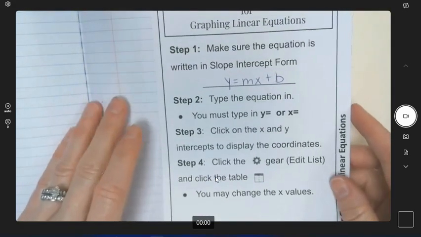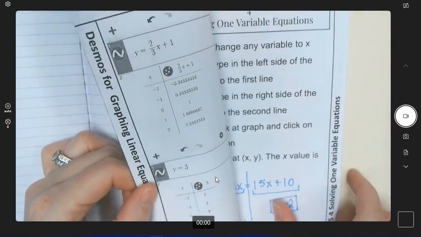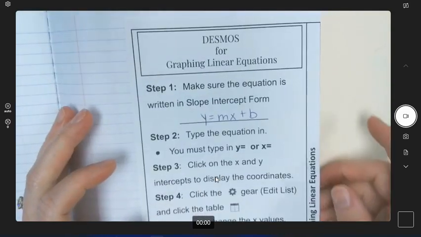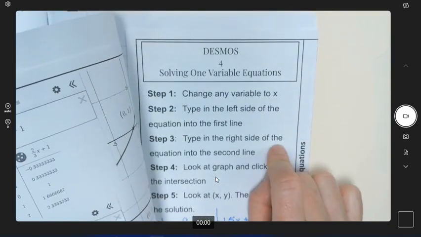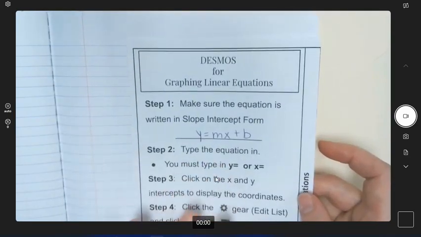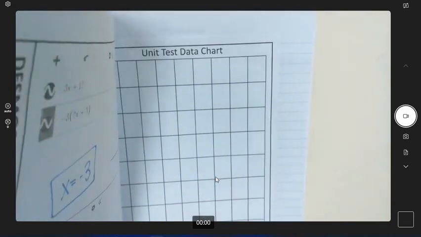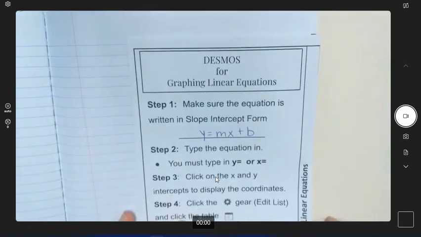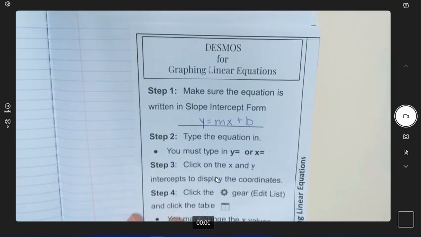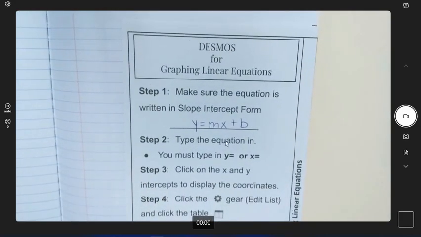Here's this one. So they're going to be back to back. We don't have to number the pages in the back because we don't know what those numbers will be. This one's next. You should have your test chart, Desmos for solving one variable equations, and Desmos for graphing. Go ahead and glue that in, and then we'll do our notes.